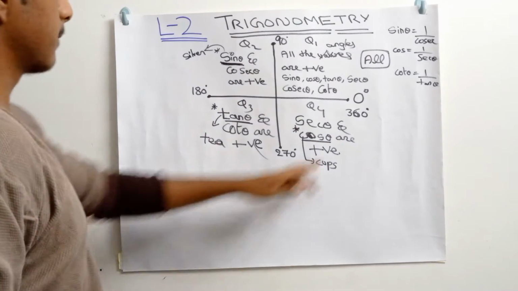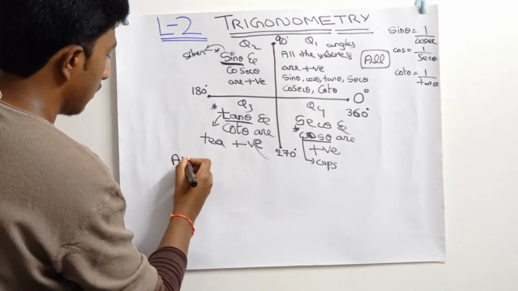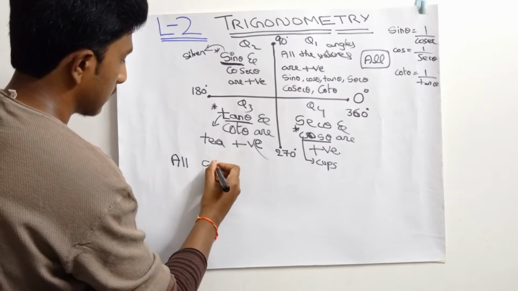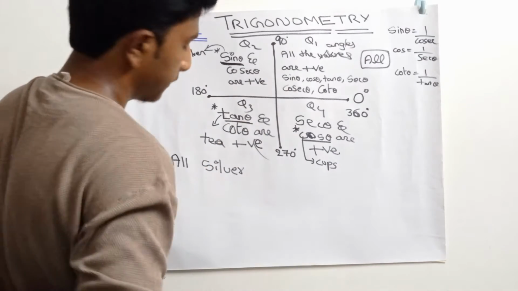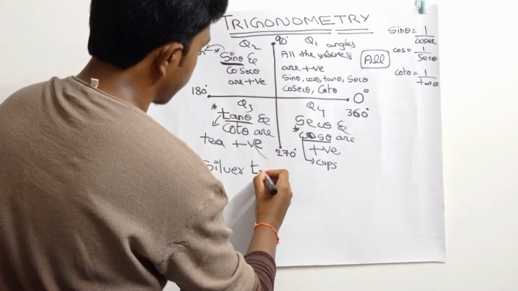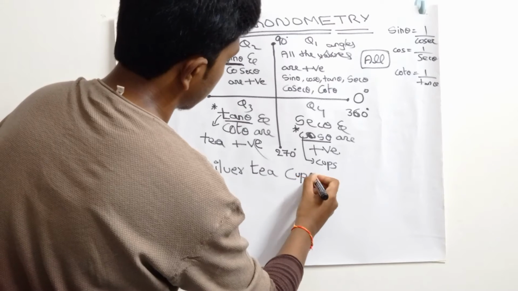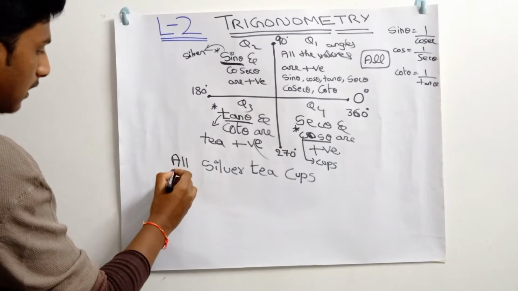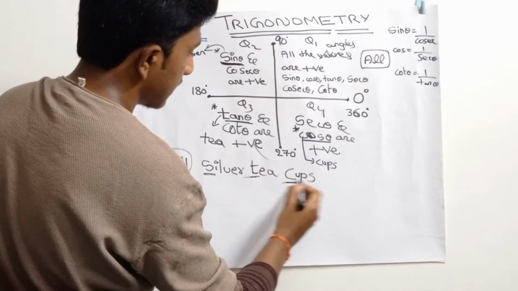That means here I'll write: all, silver, teacups. A in all, S in silver, T in tea, C in cups.